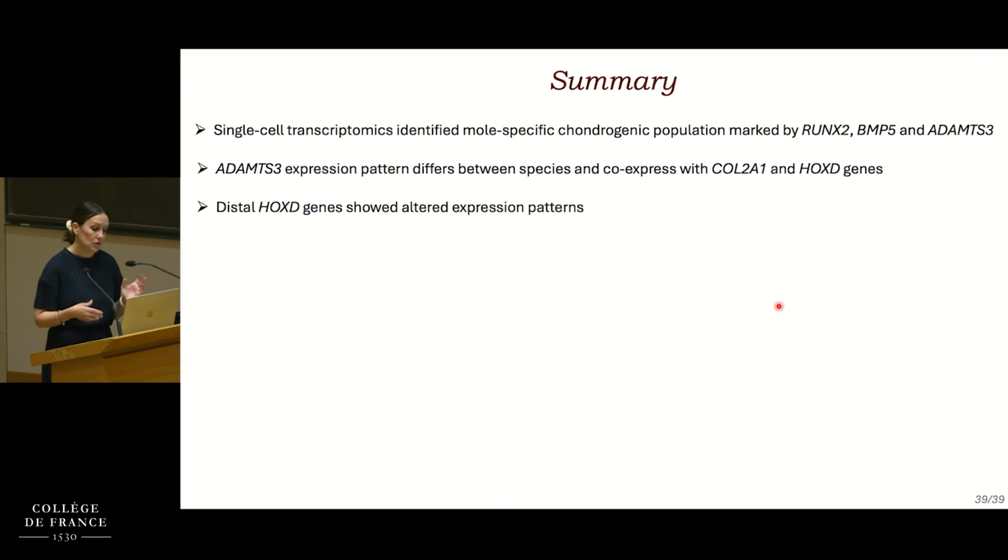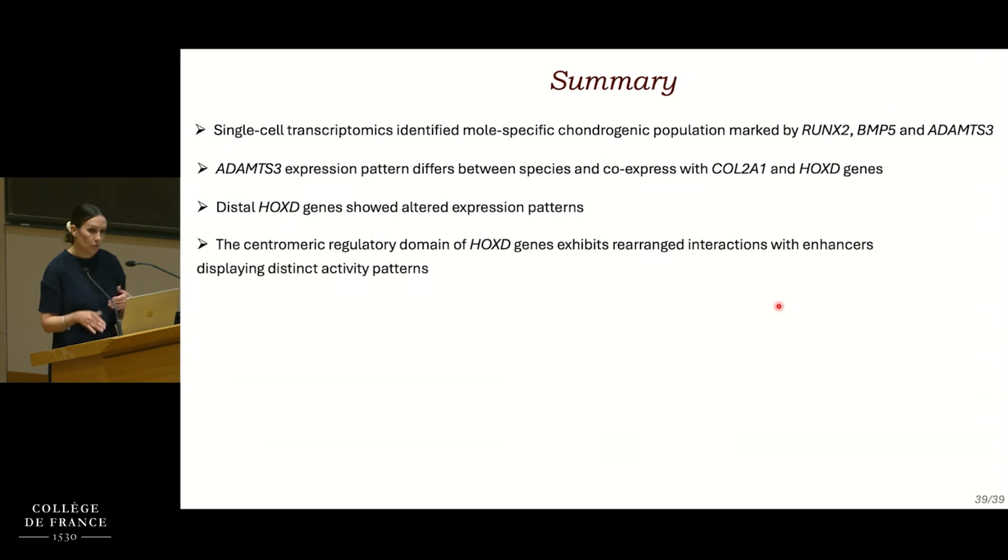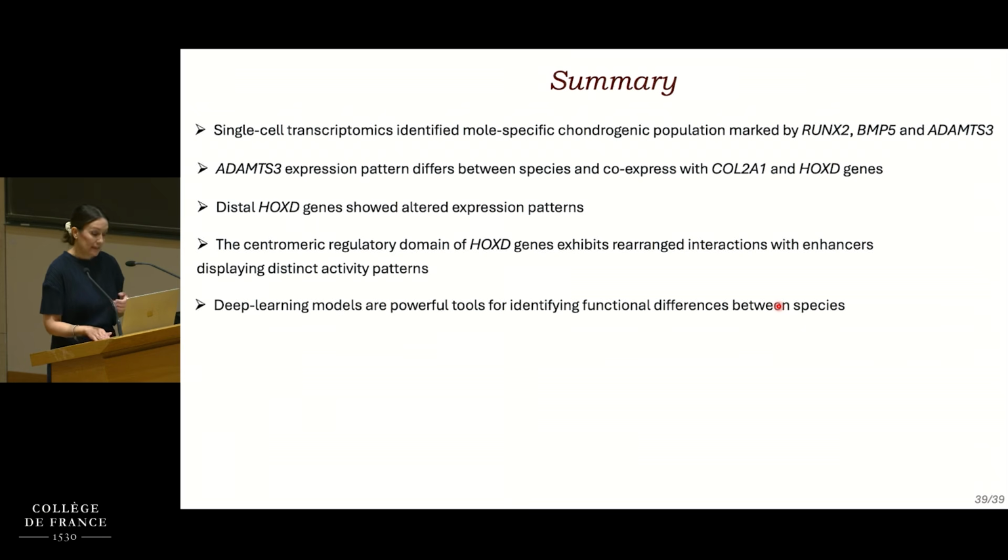Distal HOXD genes showed altered expression patterns that could maybe be explained by the different contact of the centromeric regulatory domain with the HOXD cluster, where we also see some enhancers that display different activity patterns. And that deep learning models are very powerful tools for identifying functional differences between species.